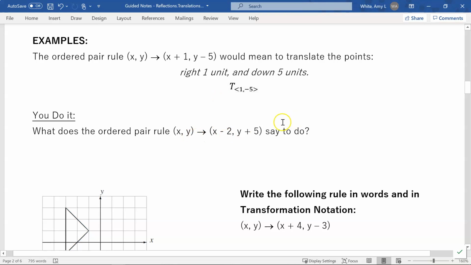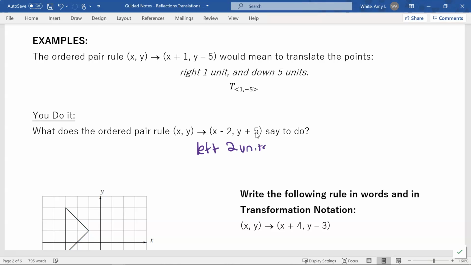So I want you to take a moment and try with this example. What does the ordered pair rule (x, y) to (x minus 2, y plus 5) say to do? Well, the x minus 2, so I'm going to go in the negative direction on my x-axis, means I'm going to go left 2 units.